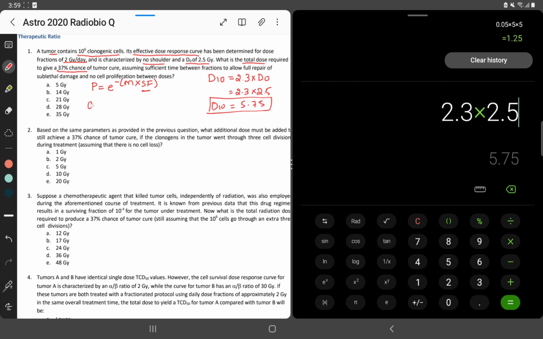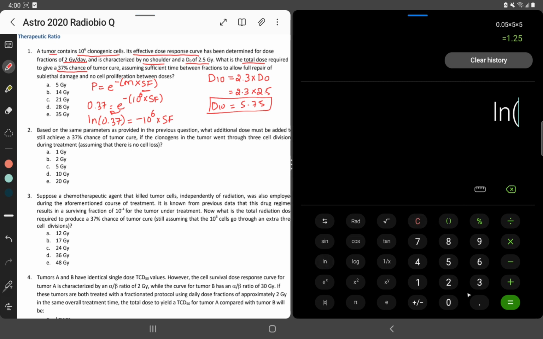So probability over here is 37%, e to the power of minus 10 to the power of 6 into SF. Now ln of 0.37, if you put the ln over here, equals minus 10 to the power of 6 into SF.